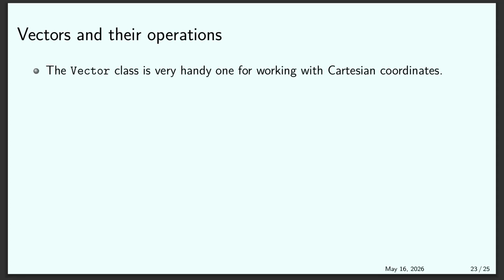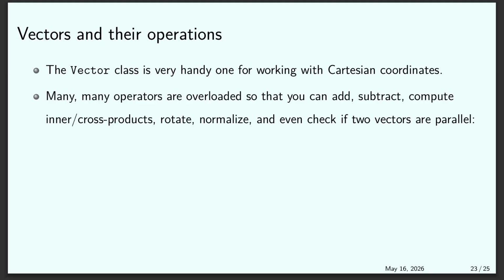First, you have vectors. Vectors are like the masterpiece here, the most important object for doing operations. You work with Cartesian coordinates, and it overloads almost everything you can imagine. It adds, subtracts. You can make dot products, inner products also. Cross products, which in this case are written with a XOR operation, the hat basically, because it looks like the wedge product.